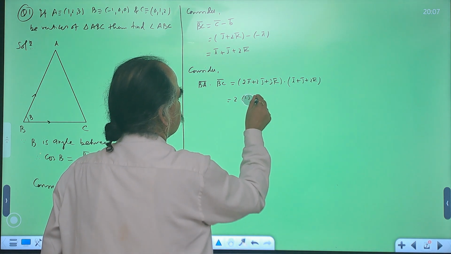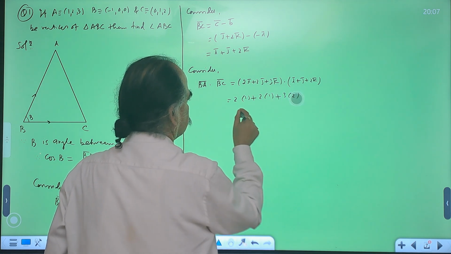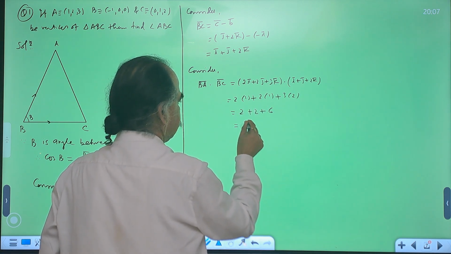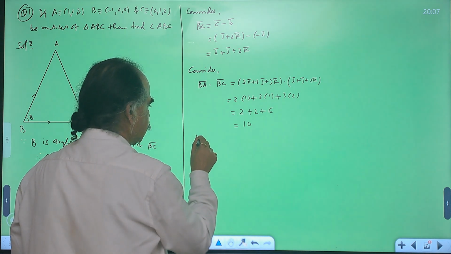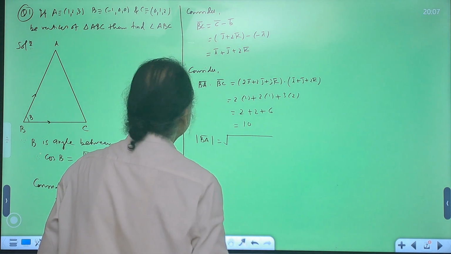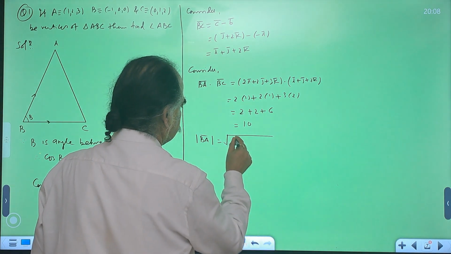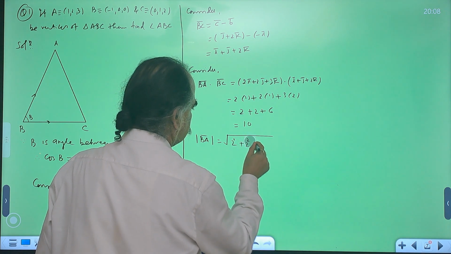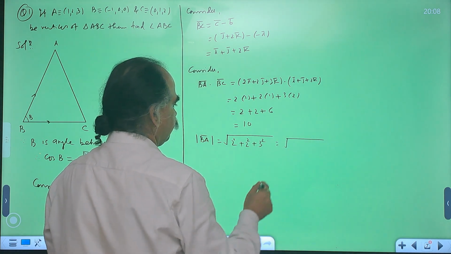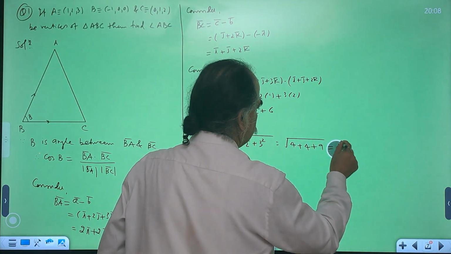Two into 1 plus 2 into 1 plus 3 into 2. 2 plus 2 plus 6, 10. Then find out the magnitude of BA bar. Square root of 2 square plus 2 square plus 3 square, root 4 plus 4 plus 9, root 17.